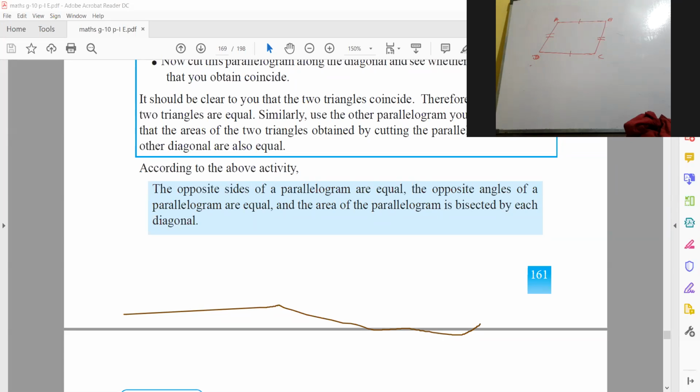And the next property is that opposite angles are equal. Consider this angle ADC. The opposite angle to the angle ADC is ABC. So these two angles will be equal if ABCD is a parallelogram, right?